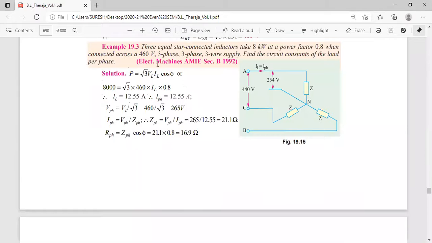Take down this problem. Example 19.3. Write the question.